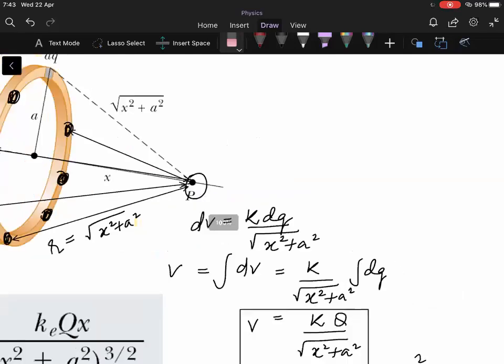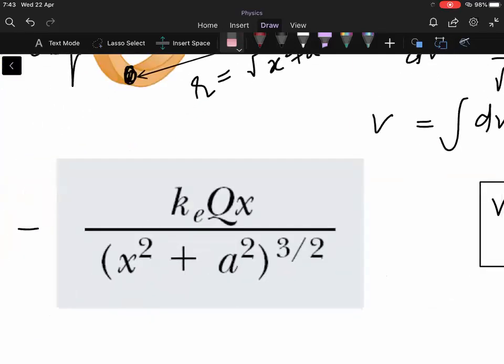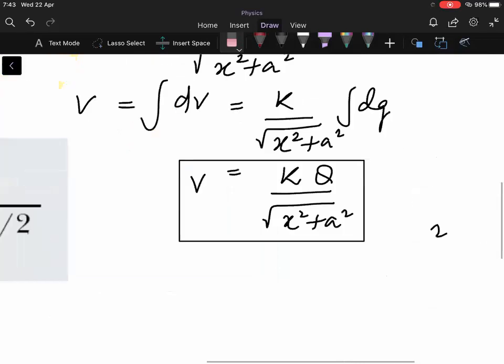Now the next part is to find the electric field as a negative of the potential gradient. That means now you have to differentiate this term. E will be given by minus of dou V by dou x.